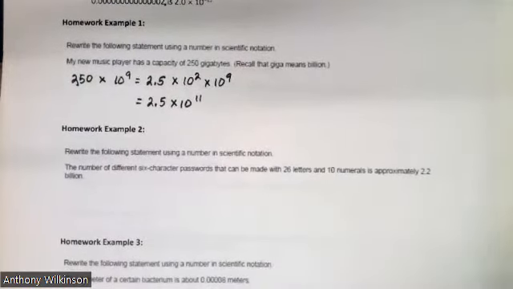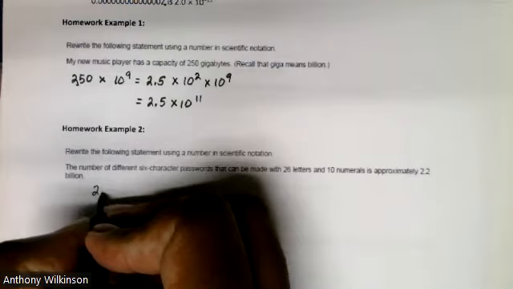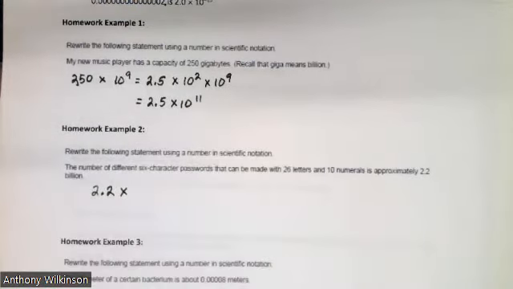Okay. Here's the next example. Number 2. The number of different 6-character passwords that can be made with 26 letters and 10 numerals is approximately 2.2 billion. Well, this part, the 2.2, is a number that is at least 1 but less than 10.